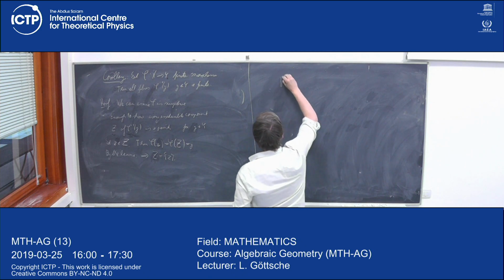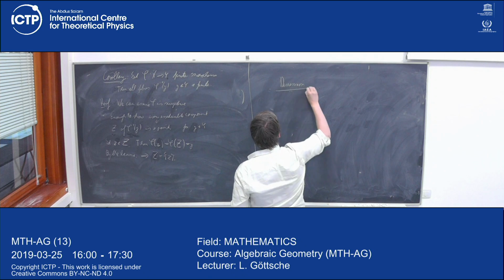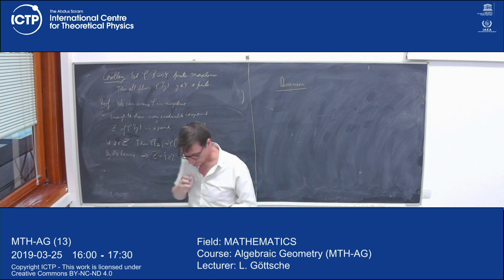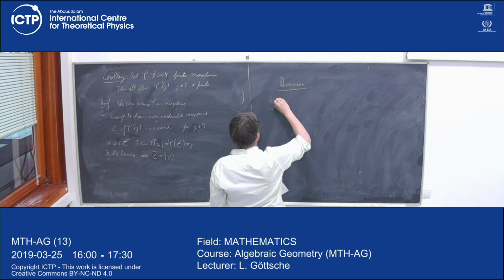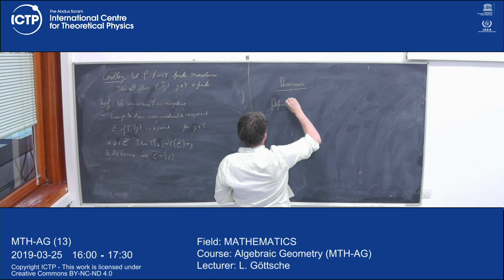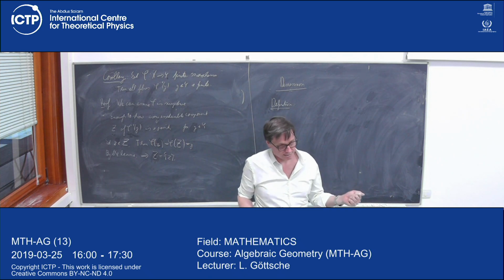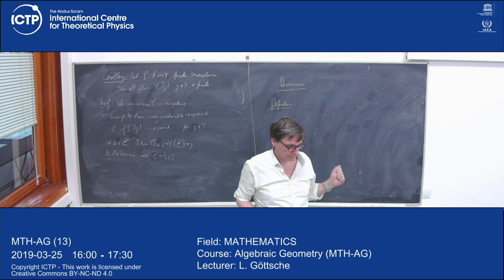Dimension. So maybe I just start with the definition. The idea is that if you have a variety and a subvariety of this variety, then the dimension of the subvariety should always be strictly smaller.